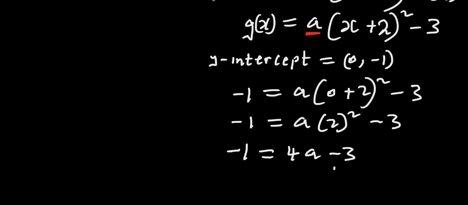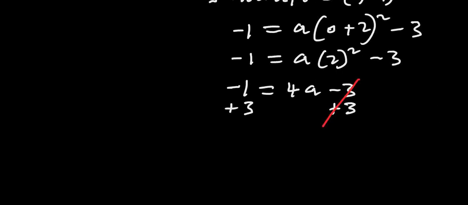So now we can add 3 to both sides, and -3 plus 3 we cancel, and -1 plus 3 will give us 2.